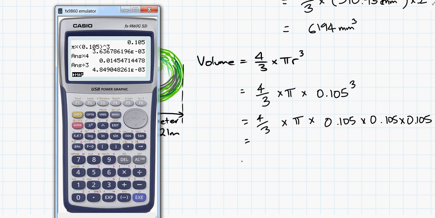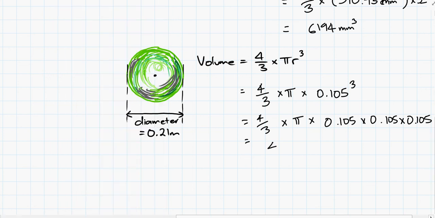Okay, so I get 4.08 times 10 to the power of negative 3, and that is in meters cubed. So another way I could write that, this is in standard form.